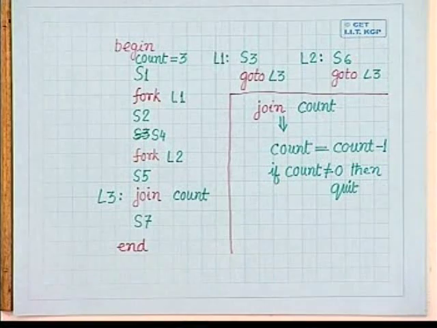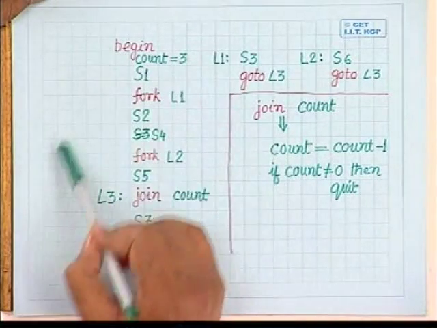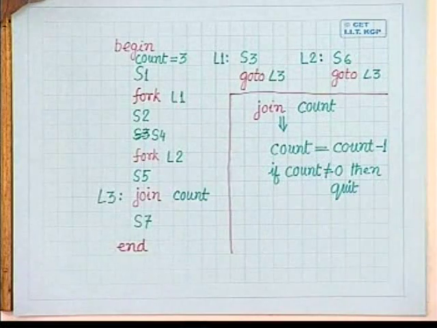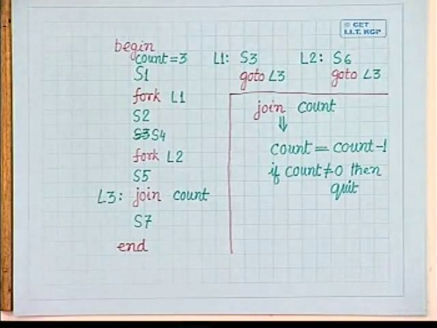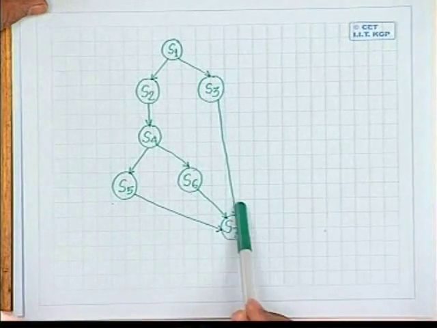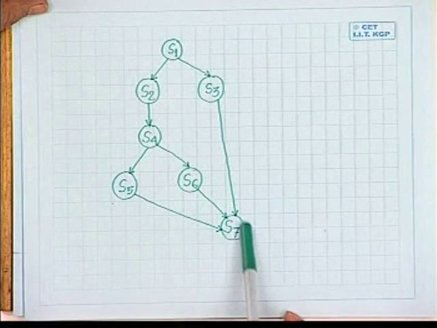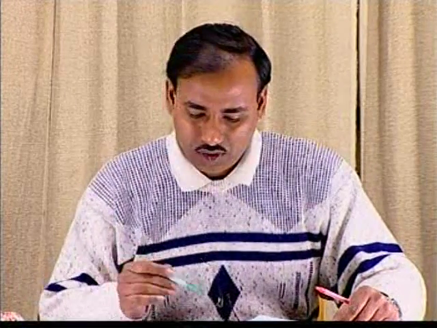So this is a very, very simple precedence graph that we have taken for writing such a concurrent program. In this precedence graph, we have seen that the processes are joined only at one point. I can have a complicated situation where the processes can be combined at multiple points, not only at one point.